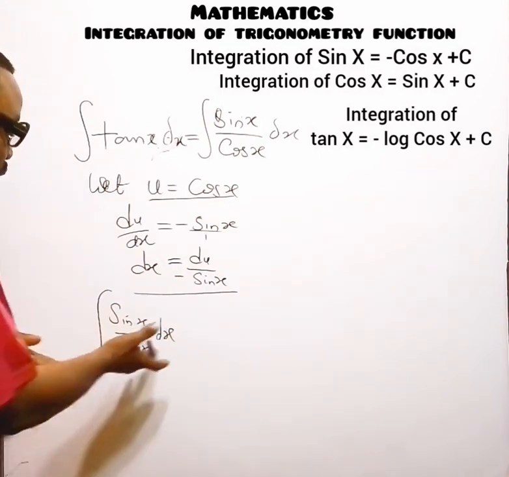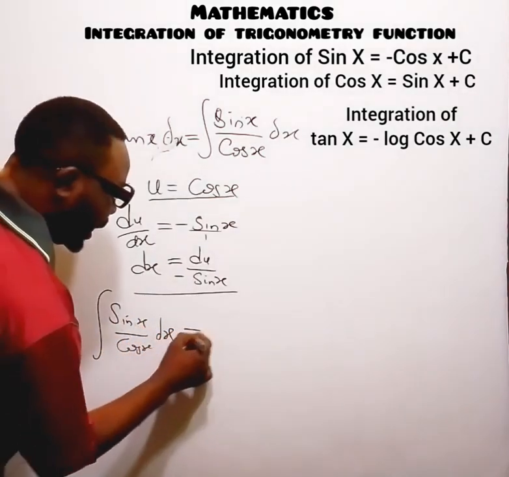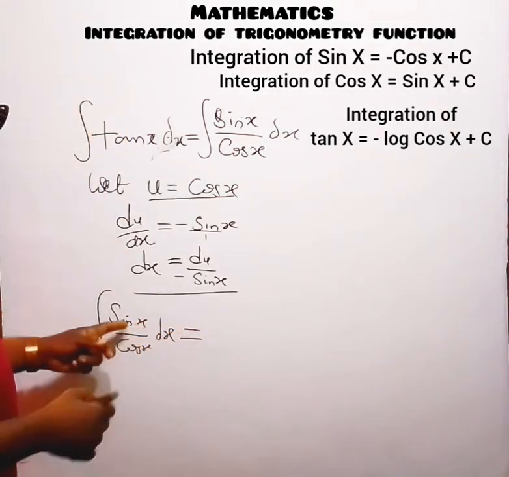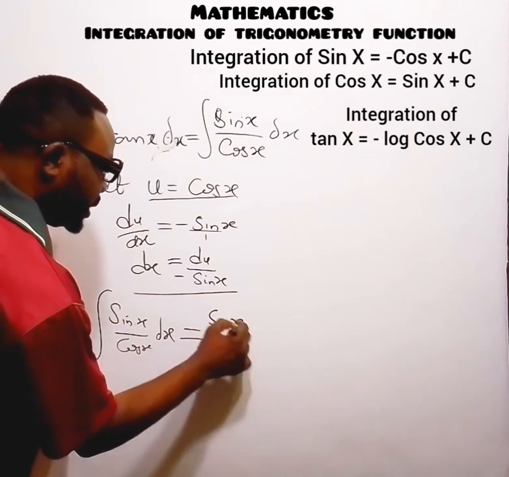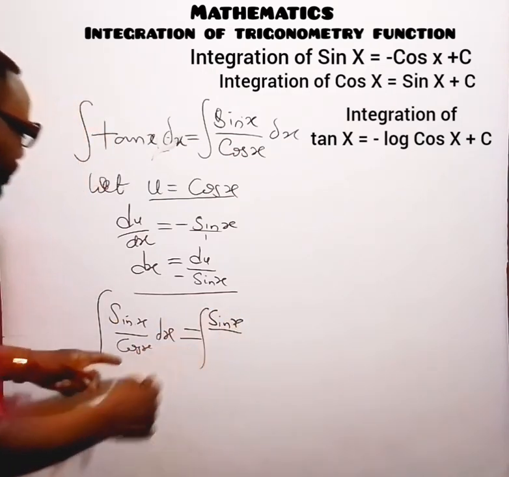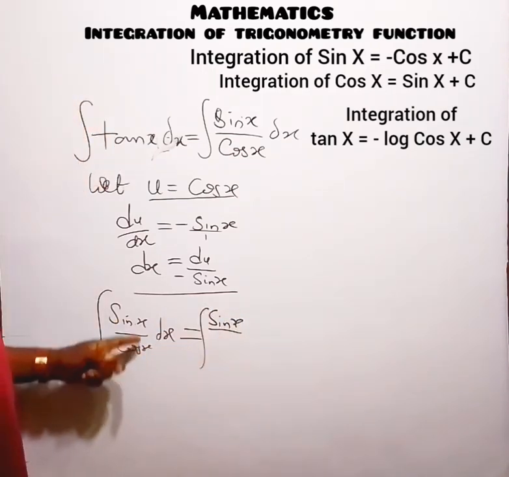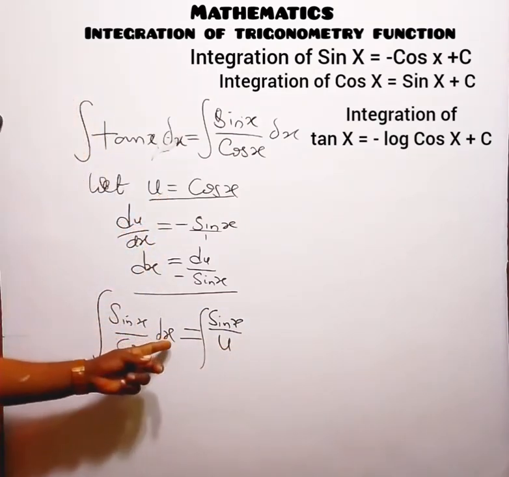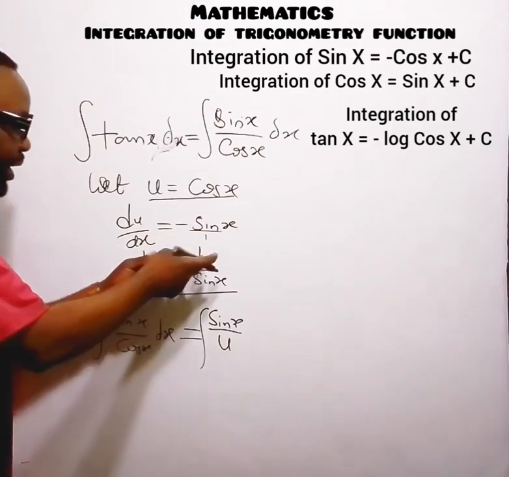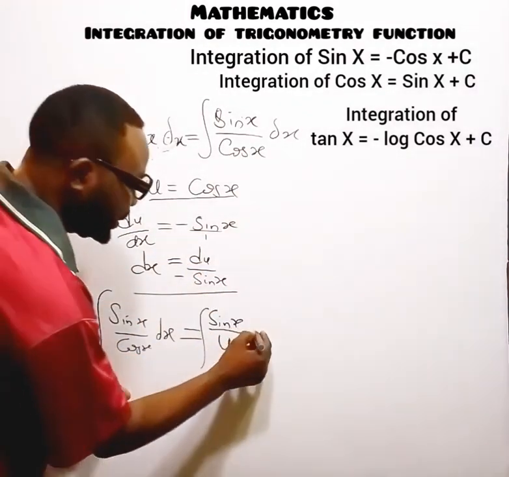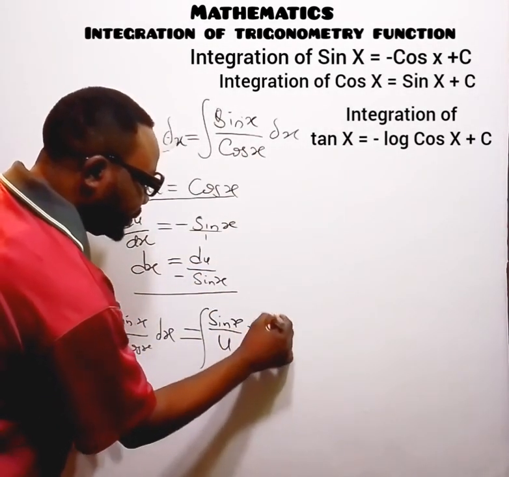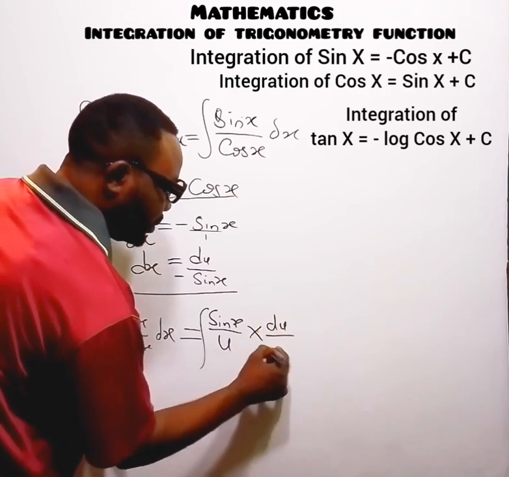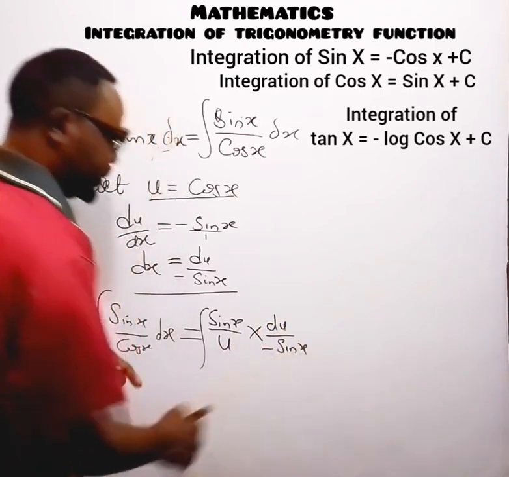That is the meaning of what we have here, which will be equal to the integral of sine x. Don't forget that we have represented the denominator here by u. I'm going to put my u here now. And this dx has been gotten to be du over minus sine x. That will be multiplied by the du all over minus sine x.